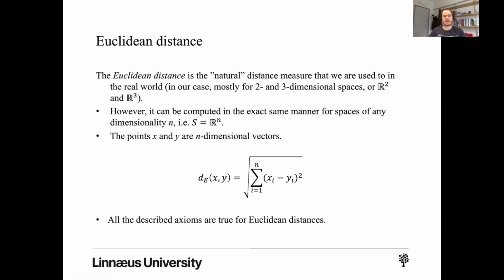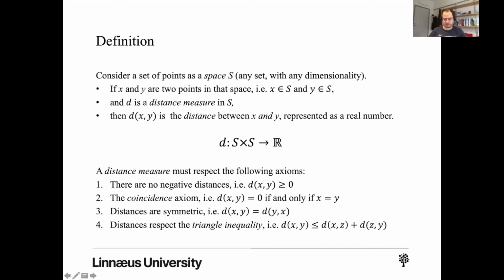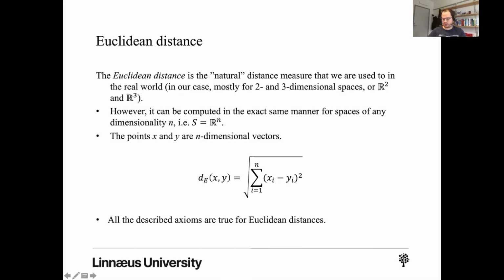And so this is the natural distance measure, and the way to compute it is in this formula over here. So basically the Euclidean distance between 2 points x and y, you take every component of those vectors.